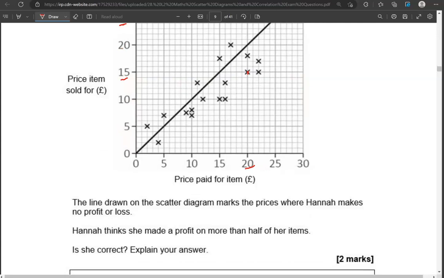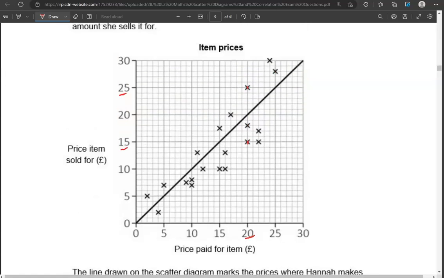So Hannah thinks she made a profit on more than half of her items. Is this correct? So above the line are the ones she made a profit for. So we have 1, 2, 3, 4, 5, 6, 7, 8.